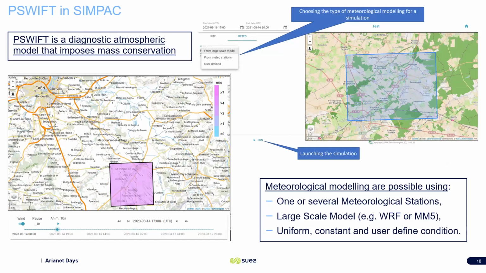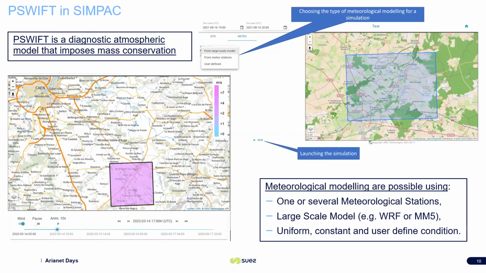And this is actually important because large-scale models are not always very precise at local scale, in particular, or for example, near the coast.